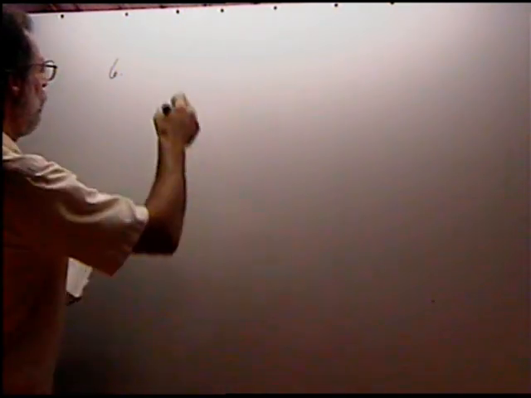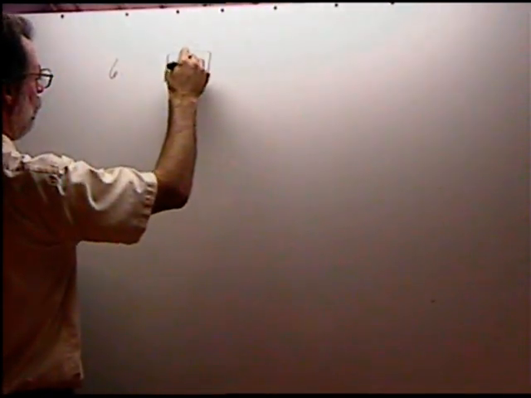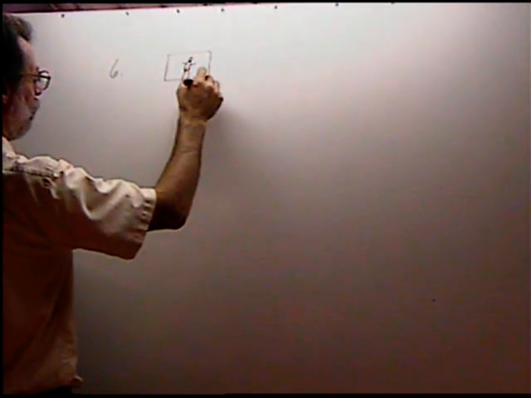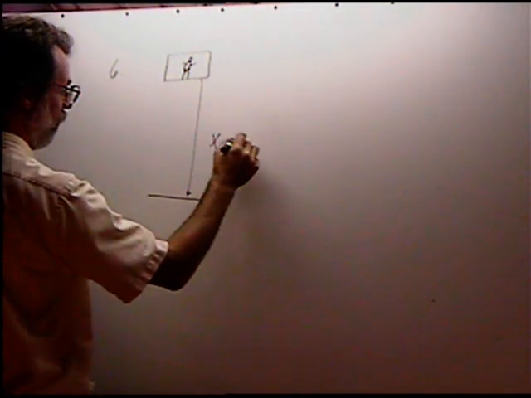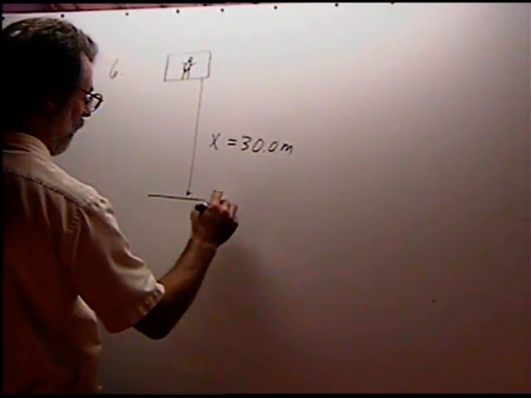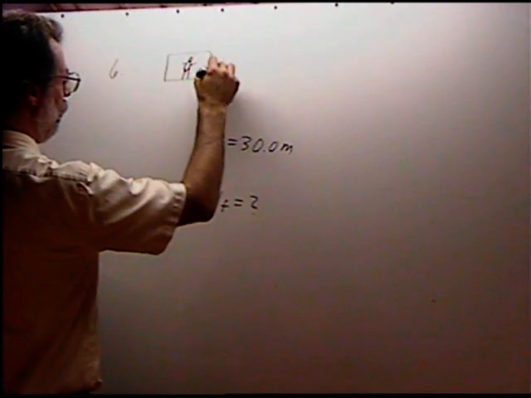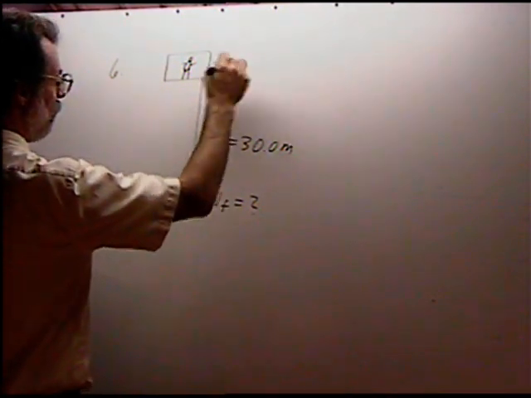So you're up here, and you're strapped in very nicely, and it just drops straight down all the way for 30 meters. The question is, what is the final velocity? The initial velocity, we assume, is 0.